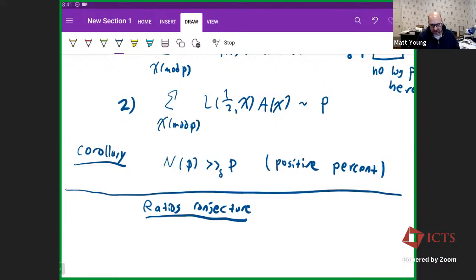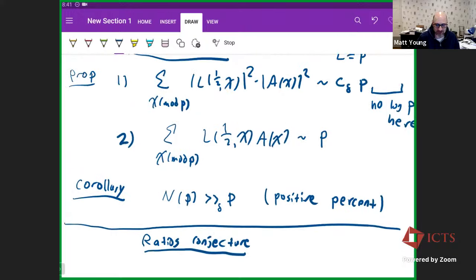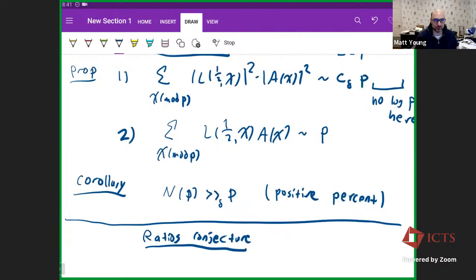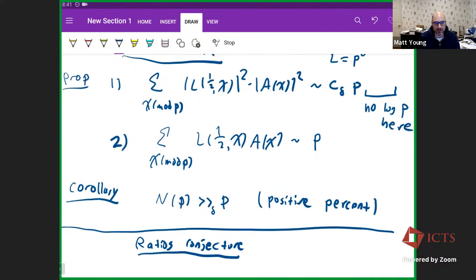The ratios conjecture builds on the integral moments conjecture, and it can be used to predict what these asymptotics are, which is actually rather difficult. If you go through the actual proof, like in Iwaniec and Sarnak, you go through this whole complicated analysis of all the main terms, and then when the dust finally settles, you get this constant depending on delta times p. The ratios conjecture lets you guess the answer much more quickly, and having the answer predicted ahead of time makes it a lot easier to prove anything, since you have something to check against.